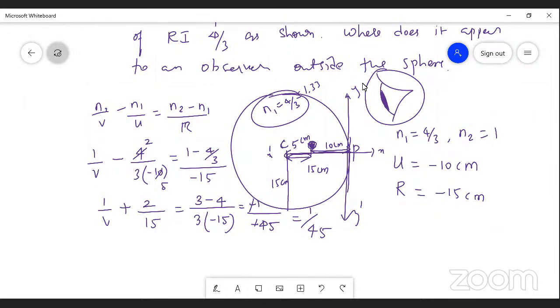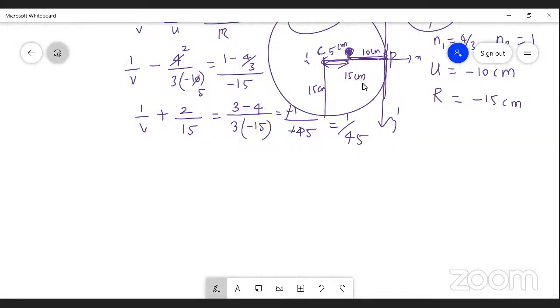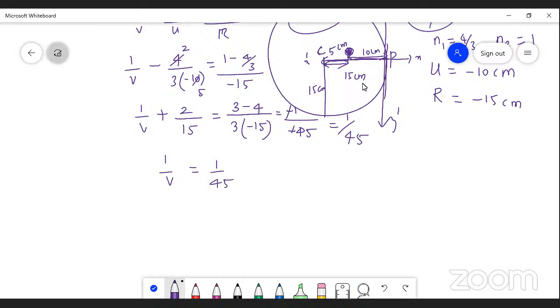So 1 by v is equal to 1 by 45 minus 2 divided by 15. So 1 divided by v is equal to, taking LCM 45, 1 minus 3 into 2, 6, which is equal to minus 5 divided by 45.